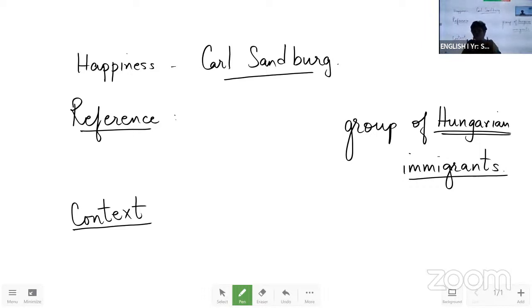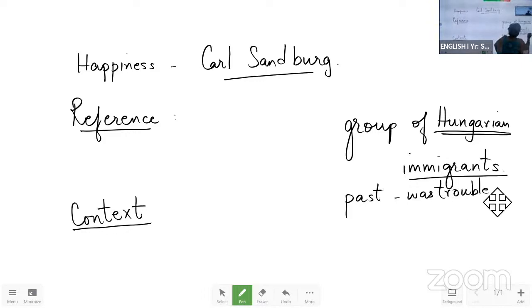It was not your intention to leave the place, but being compelled to leave, you go elsewhere and settle. So your past was troublesome. It was troublesome.